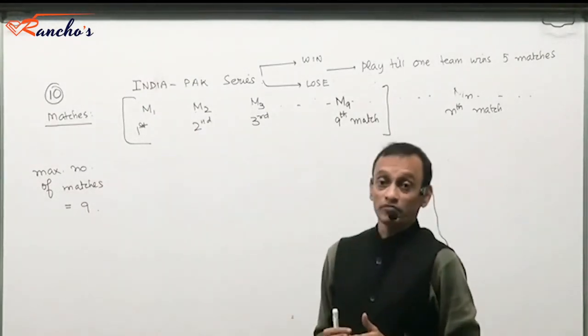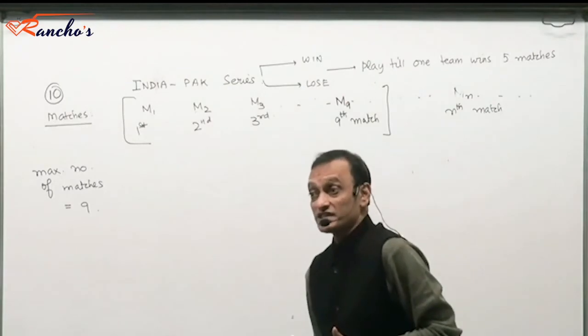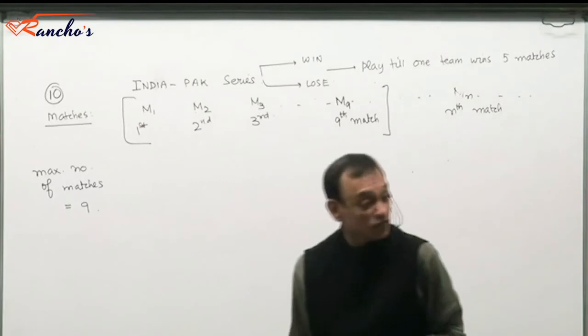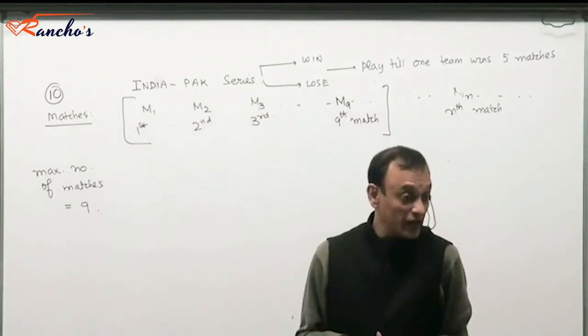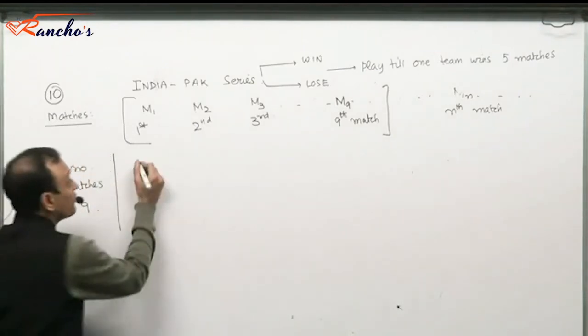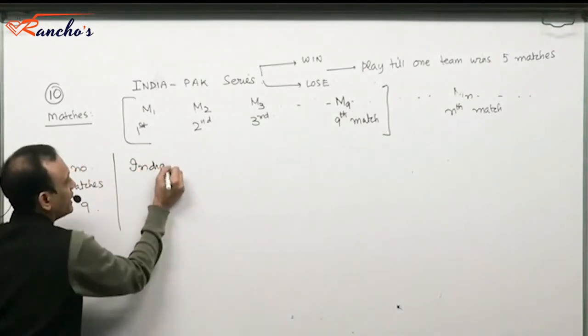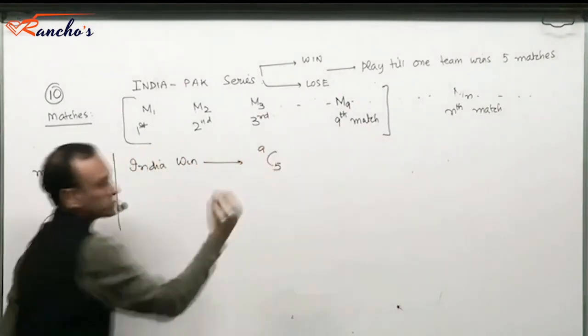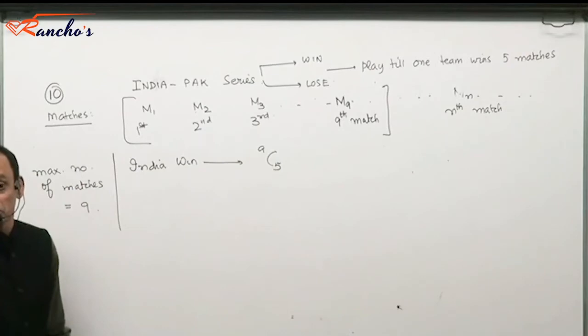So now there are a number of ways in which India would have won 5 of these matches, or ways in which Pakistan would have won 5 of these matches. India winning is like selecting 5 of these 9 matches in these many ways. Yes or no?